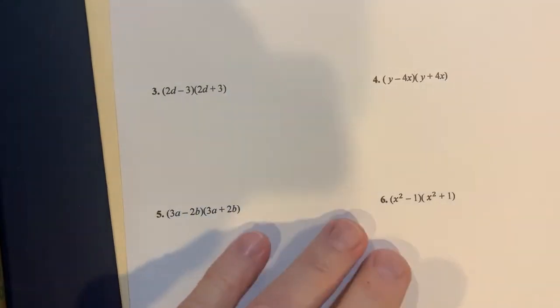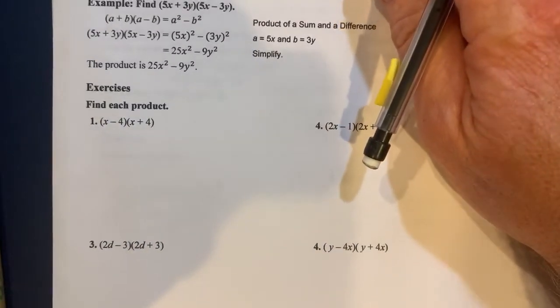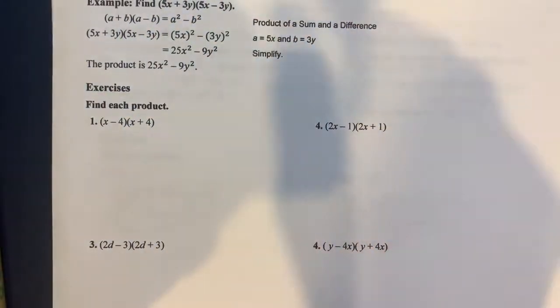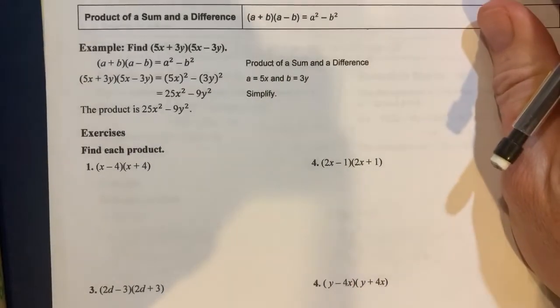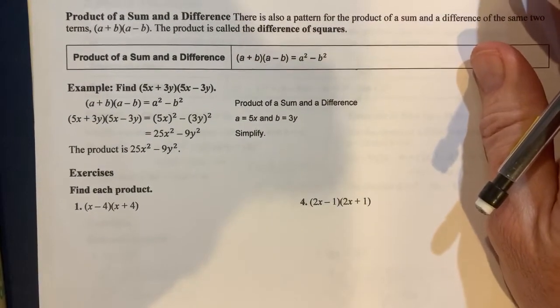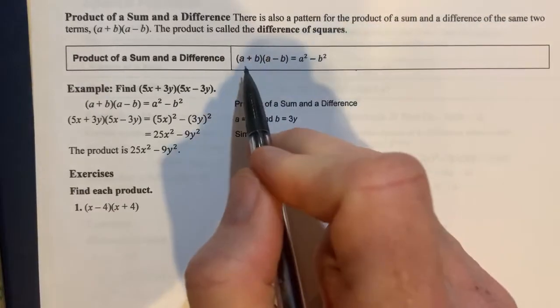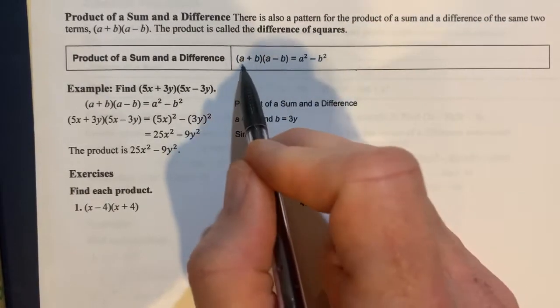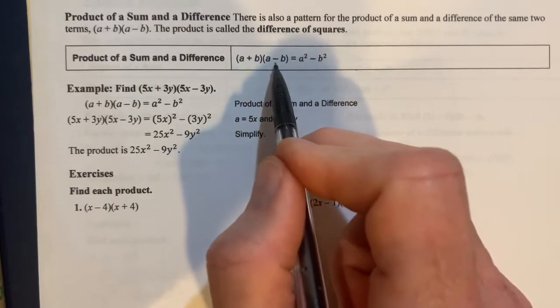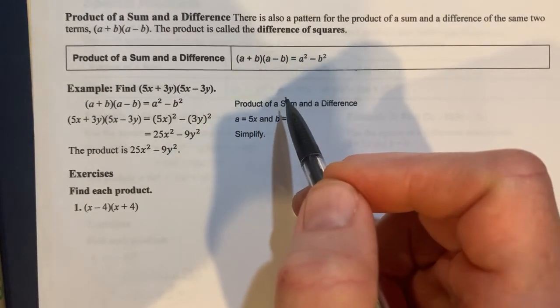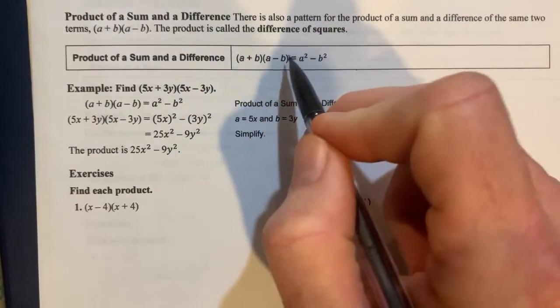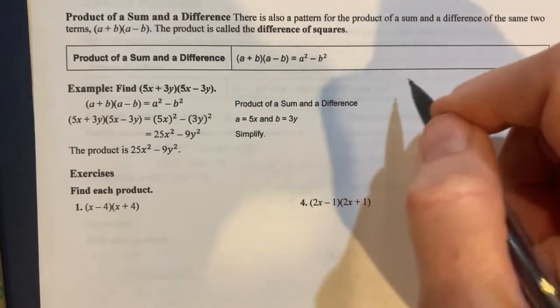Now, the other pattern is called the product of a sum and difference, okay? And so what you're looking at is you have these two binomials are exactly the same except for one's plus and one's minus. So what ends up happening, since that's the case and you FOIL this out, let me do this over here.